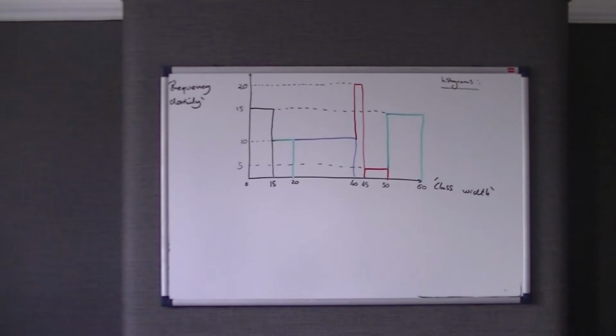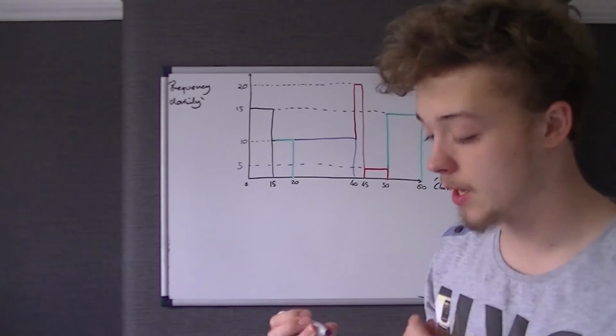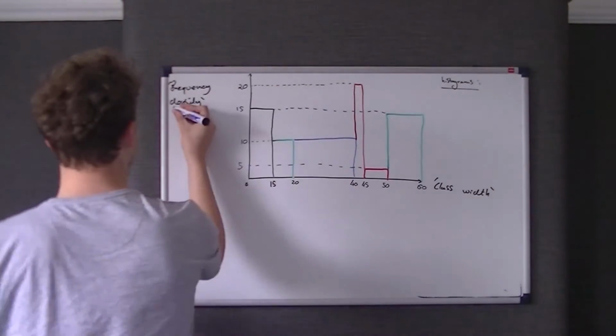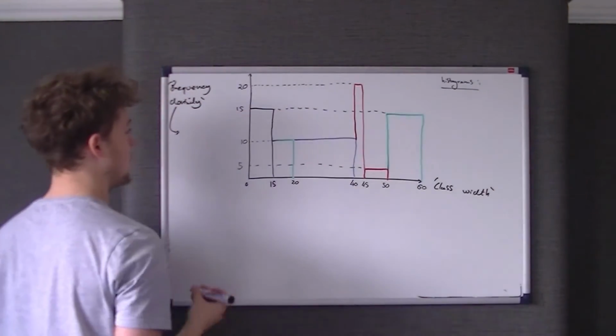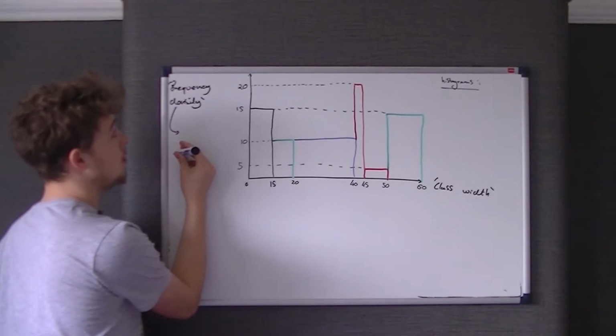So the first thing you need to realise is, what is frequency density? Well, the equation for it is just frequency over class width.